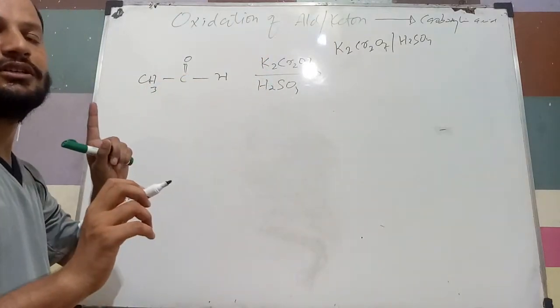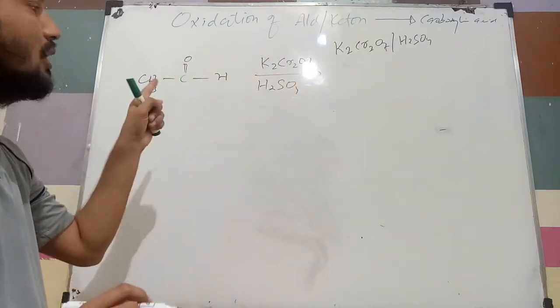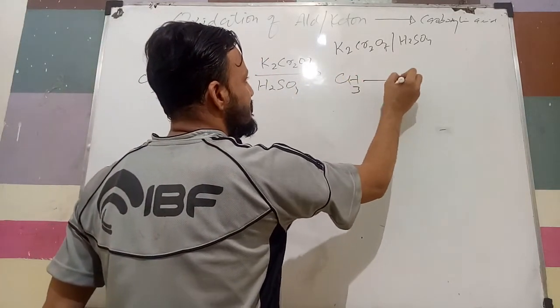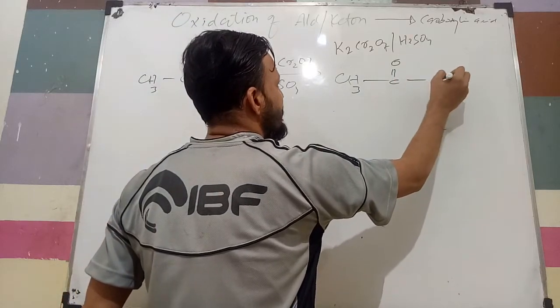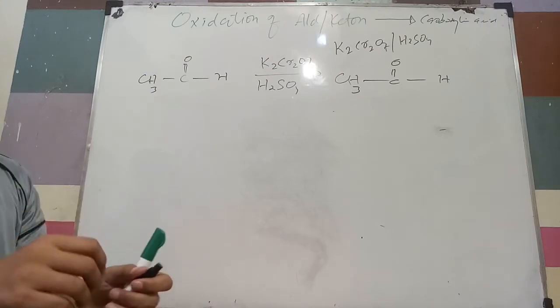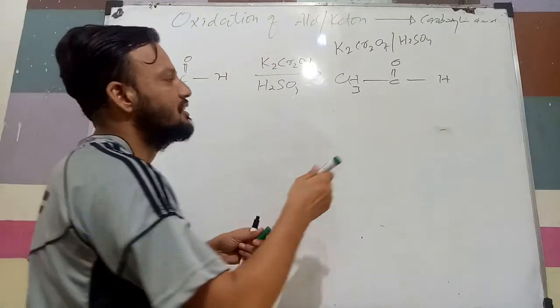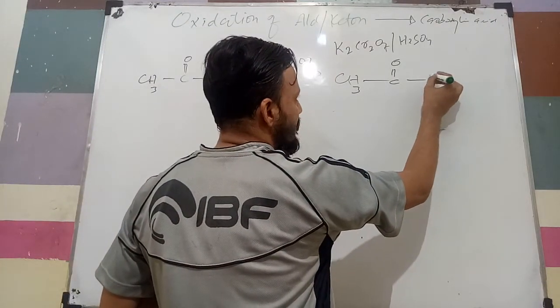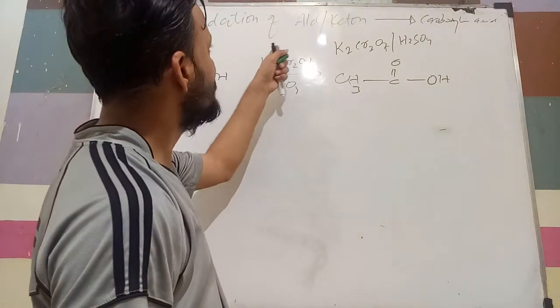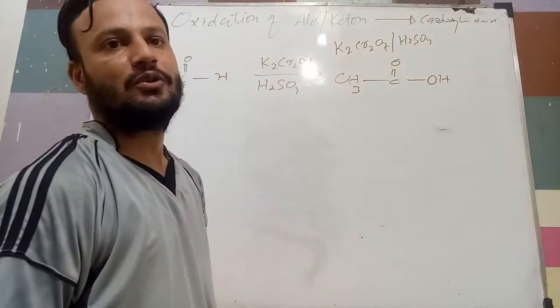Now just check how I'm drawing this compound. CH3 as it is, double bond oxygen as it is, and H as it is. There is no difference between these two compounds. The only difference is with respect to the position of oxygen. Here we just have a little oxygen. That oxygen came from K2Cr2O7 and H2SO4.